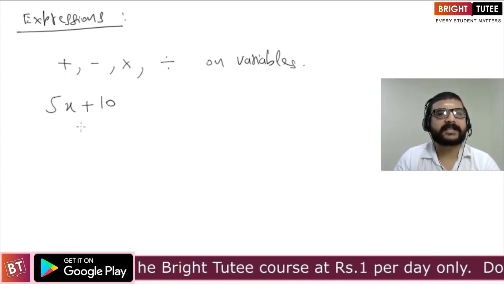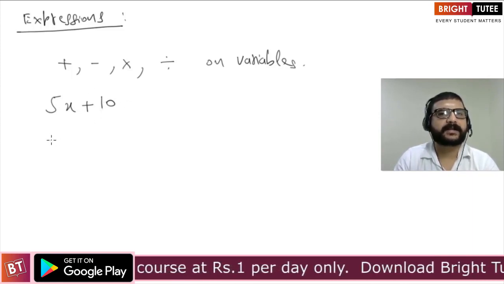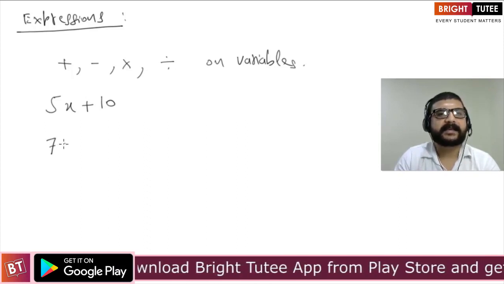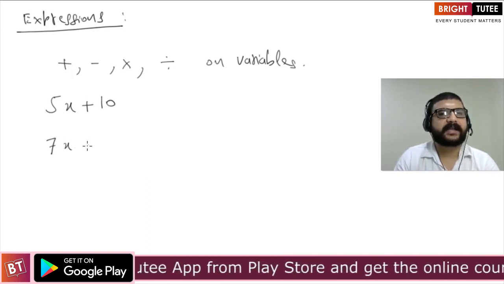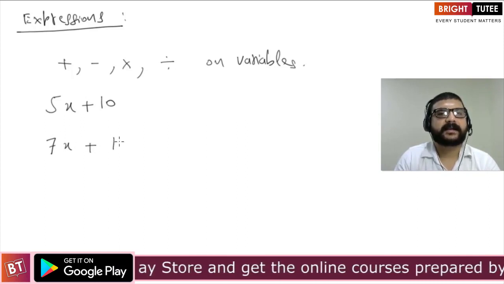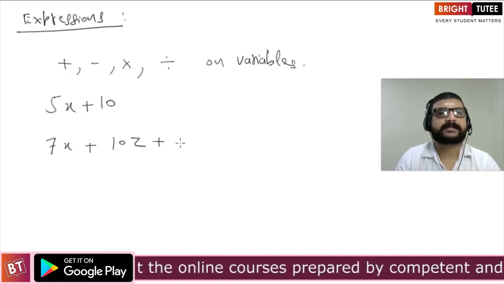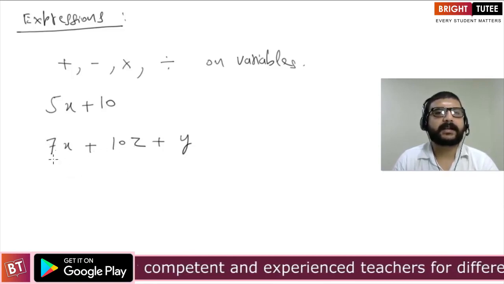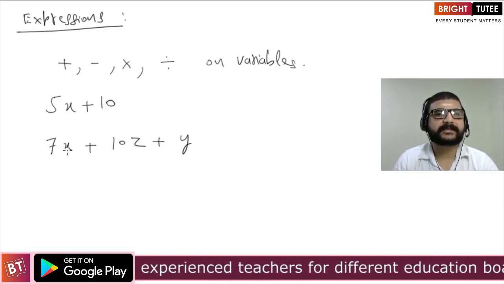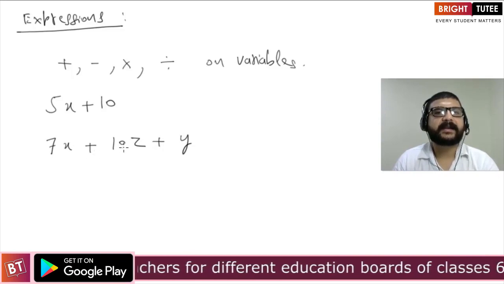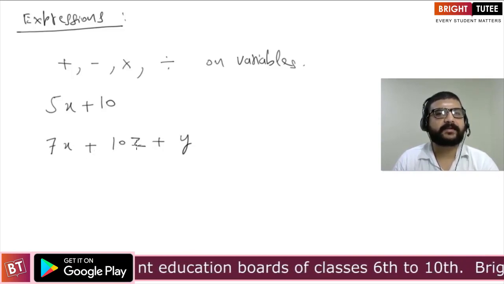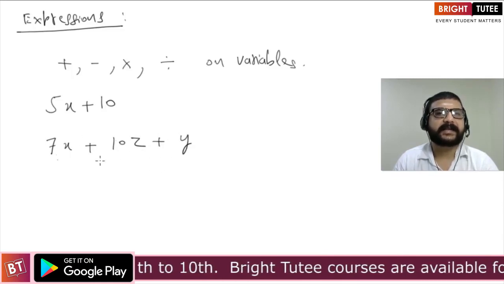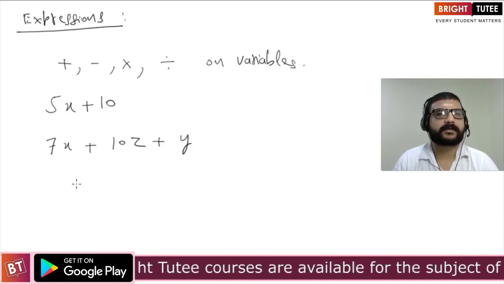So this is how an expression is formed. Now let's take one more example. Let's say it is 7x plus 10z plus y. Here we are multiplying 7 with x, then adding 10 multiplied with z to it, and then we added y to it. Like this, one more expression is formed.